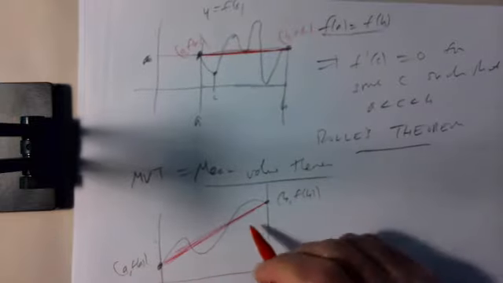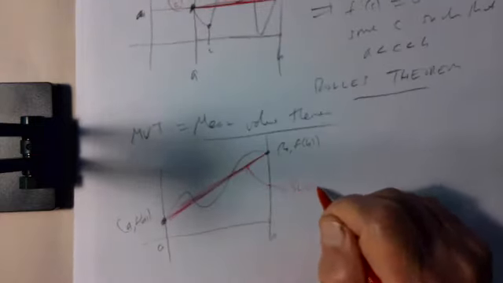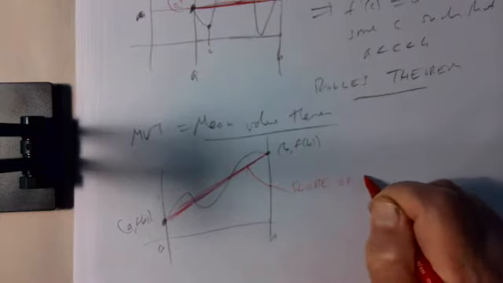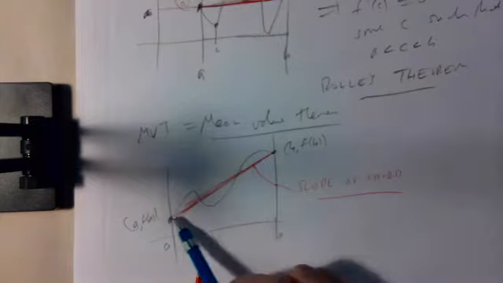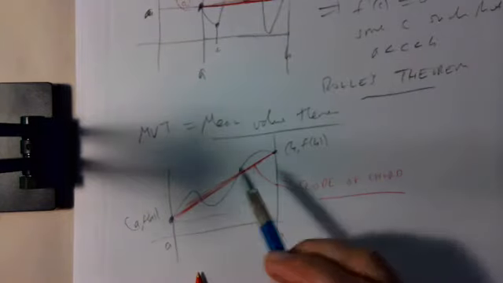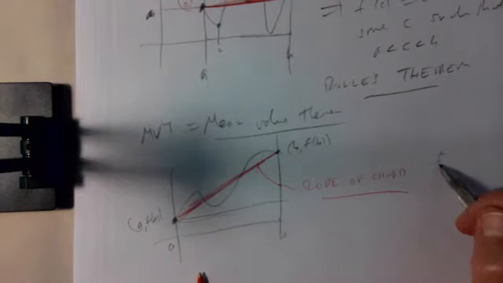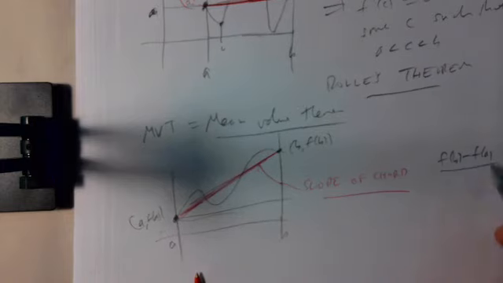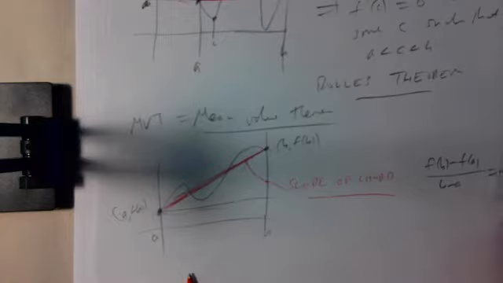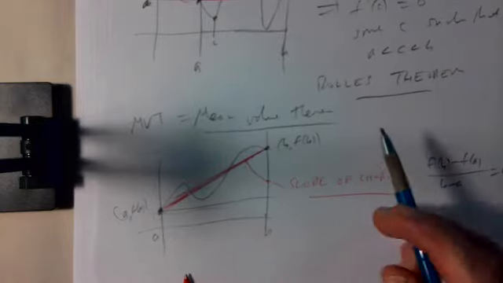This is a chord. And what is the slope of the chord? It's rise over run. The rise from here to here is f of B minus f of A, and the distance from A to B is B minus A. So this number m is the slope of the chord, the straight line joining these 2 points.